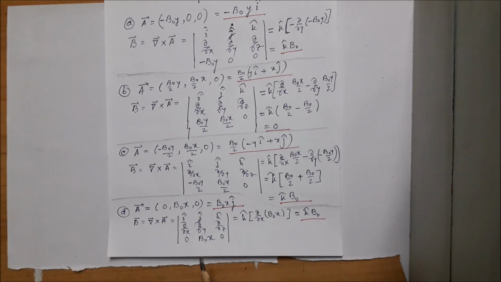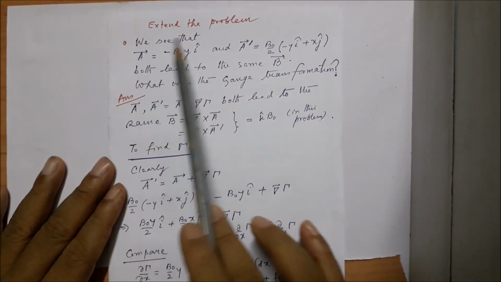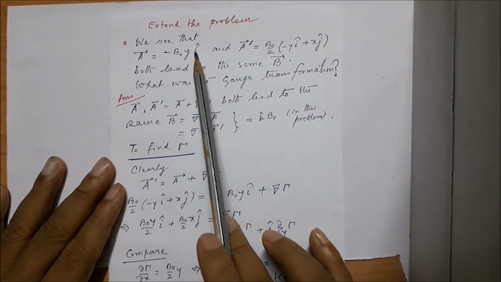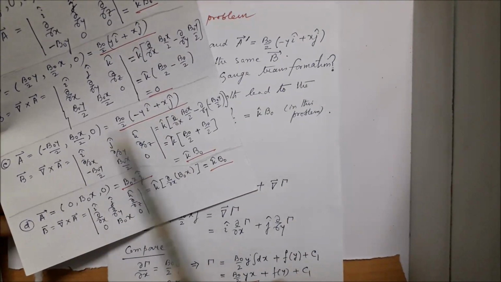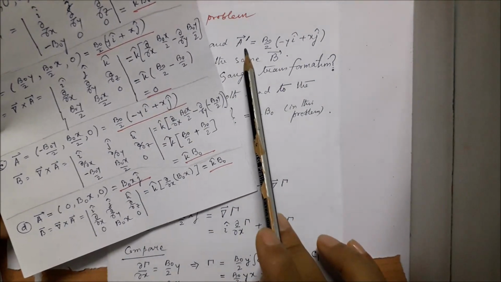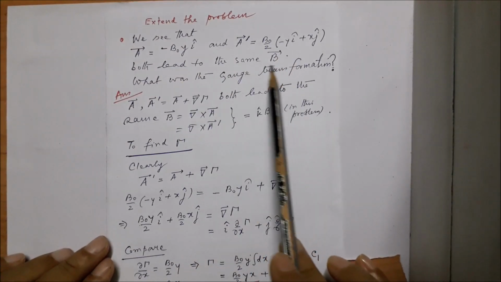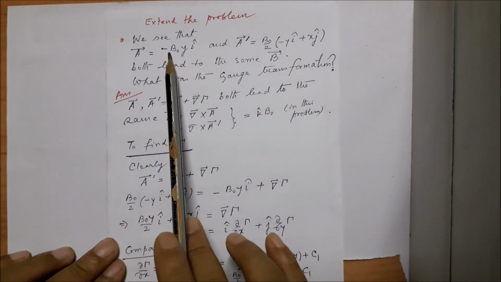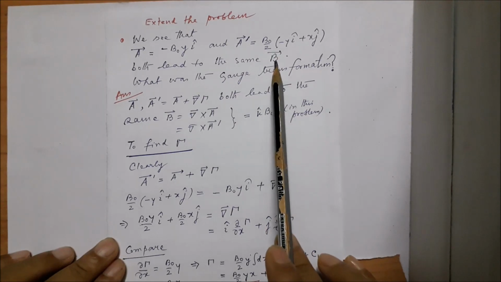So in view of this, we can extend the problem further. We see that vector A equal to minus B0 y i cap. This was the first option. This one was option C, and let us call it A prime. Now both lead to the same magnetic induction. So this means from this potential, even if you shift to this potential, B is the same.